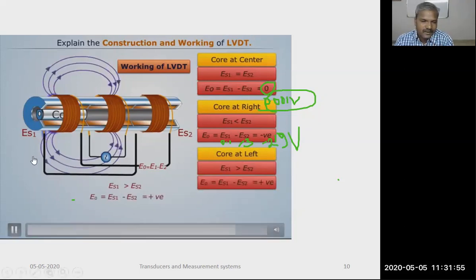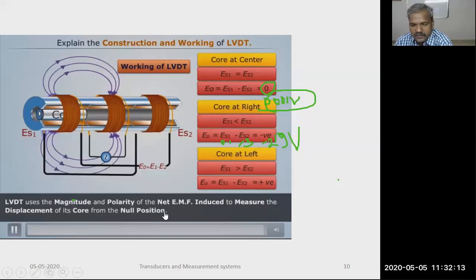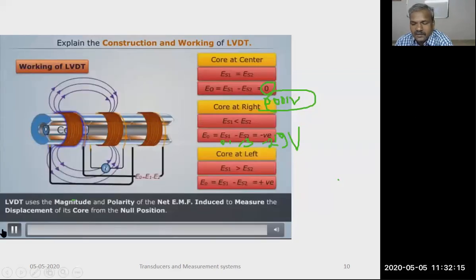Similarly, with the core at the left extreme, ES1 is maximum and ES2 is smaller, so we will get a positive output as we saw previously. So this is about the operation.